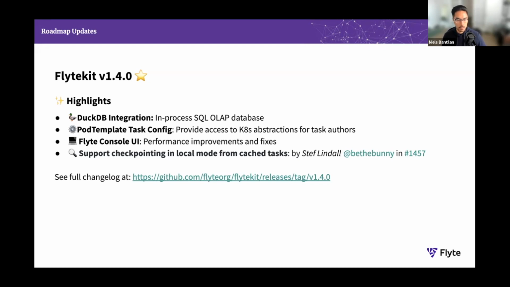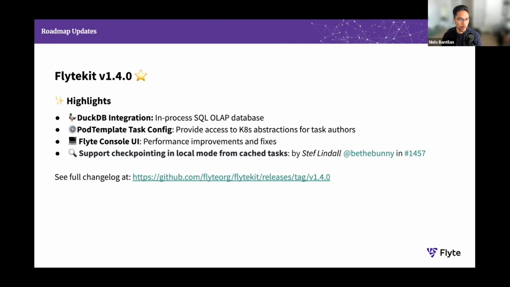Just a few highlights. There are plenty of bug fixes and docs improvements, but the main ones here are the DuckDB integrations. The docs for those should be coming in shortly. Another huge one, pod template task configuration. Big shout out to Dan here on the Union AI side for taking the lead on a lot of this effort.